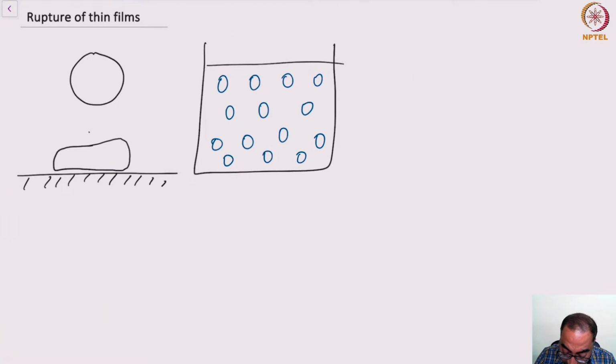Let's say hypothetically a collision occurs between these droplets. So you have oil here, and you have oil here, and you have water. When these oil droplets approach each other, they would tend to deform.